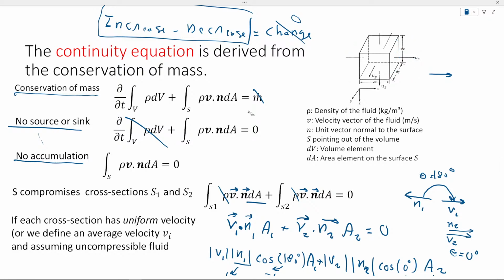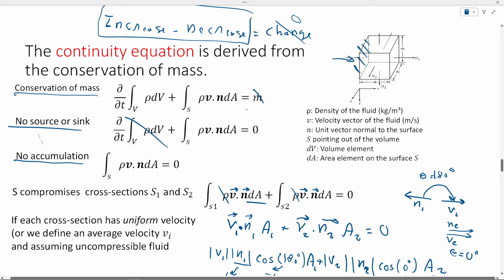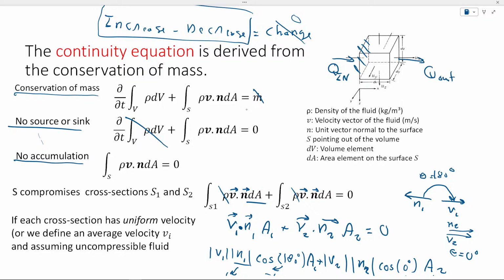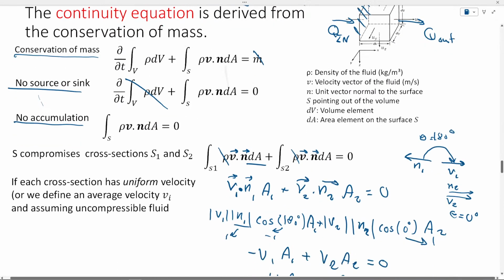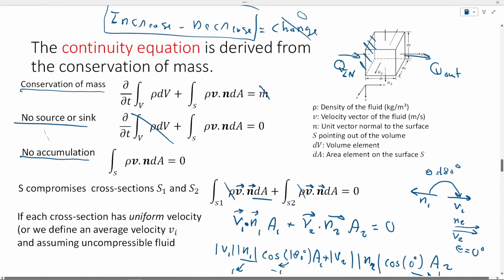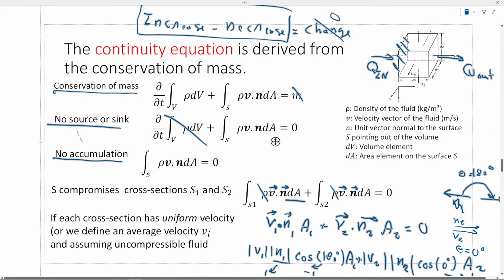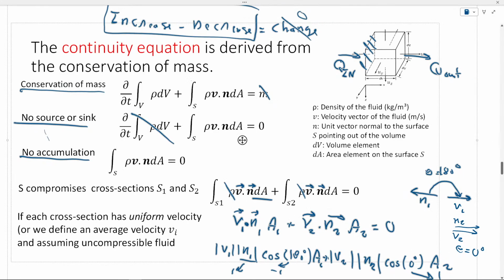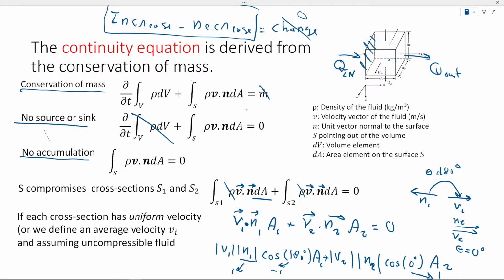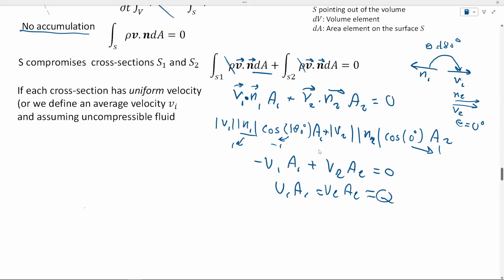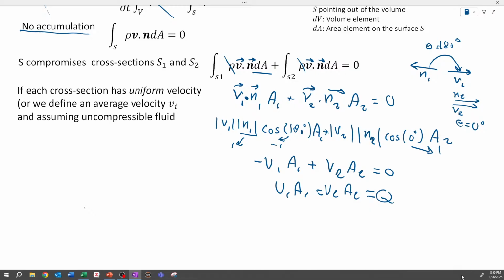This is an area, and this is a velocity that's coming across this area. So that's Q in, and that is Q out, and they are equal. So Q in is equal to Q out, equal to Q anywhere inside your volume, because that is a steady state.